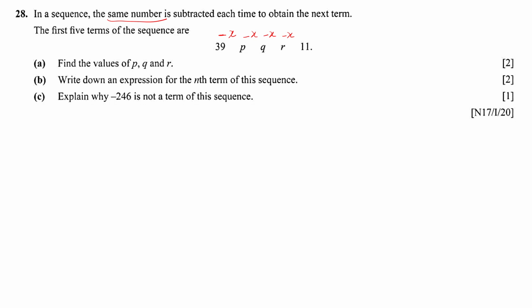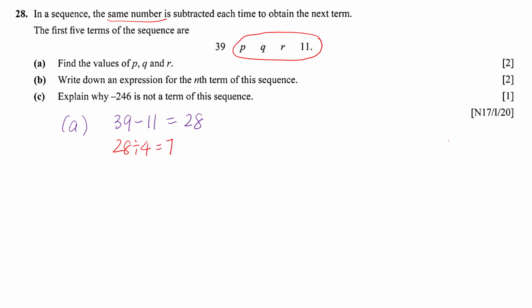So since it's the same number that's been subtracted each time, we can just take 39 minus away 11 to get 28. So this 28 will be shared by the last four numbers. So when you take 28 divided by 4, it's 7.